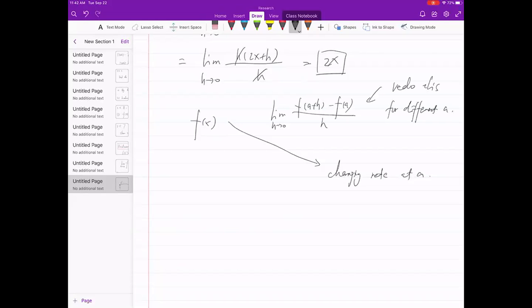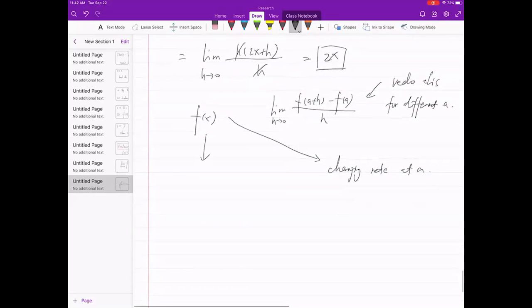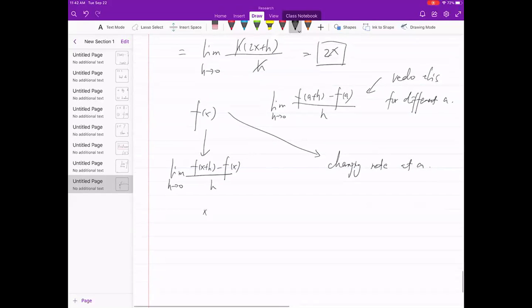Sounds good? Another way of doing it, well, you first go this way. You do it, but you do it for any x. You don't fix a certain number. You just do it. When you finish, what do you get? You get something with an x inside. Still okay? After that, you just try one thing. That is plug in a.